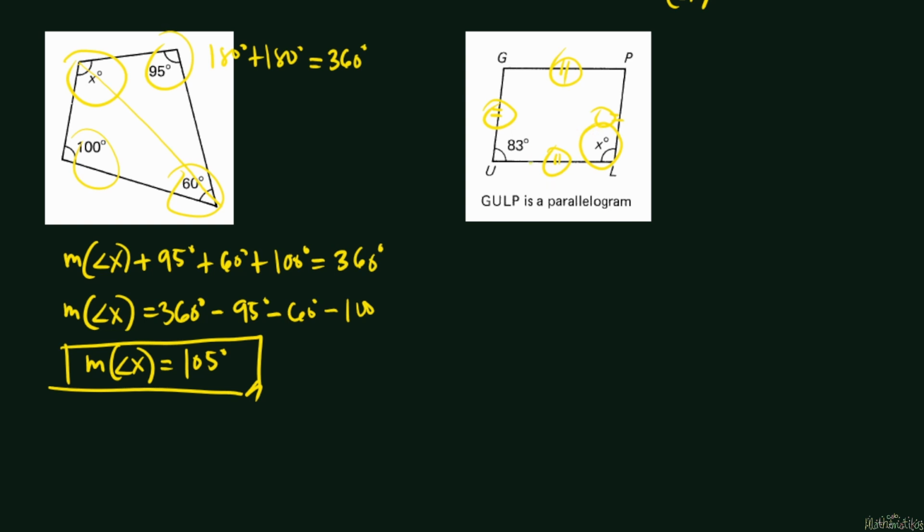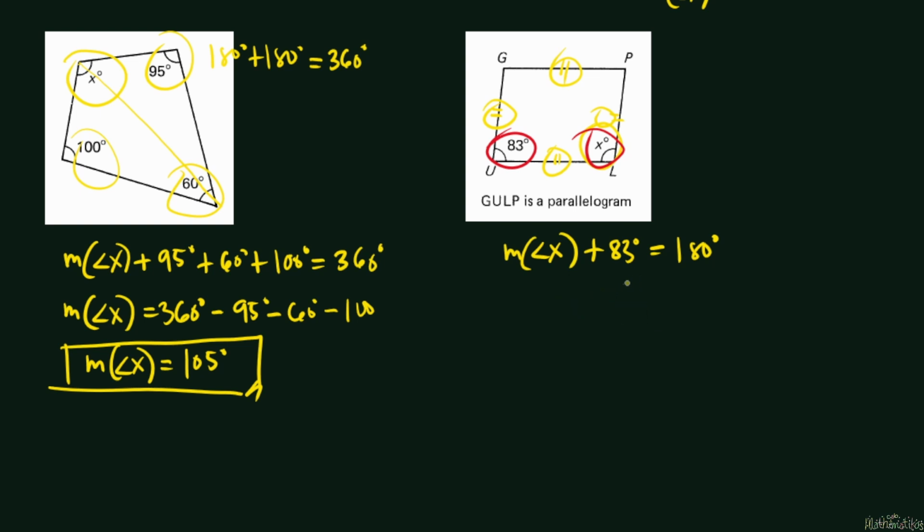So we can say that the measure of angle x plus 83 degrees is equal to 180 degrees, meaning these two angles here are supplementary.